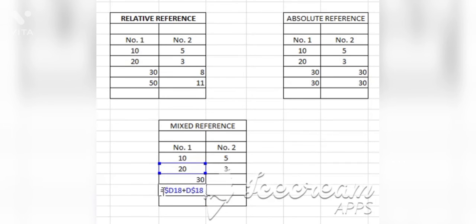So over here, we had 17 plus 18. So either one of them can change. One is the same, but the other has changed. So either one gets changed. Either you can change your row, or the column can change. And one dollar sign is used.